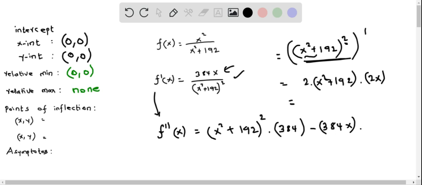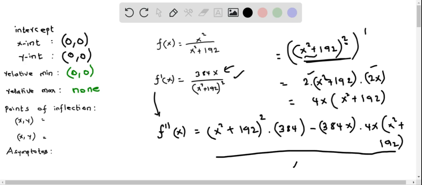And so basically this simplifies to 2 times 2x is 4x times x squared plus 192, which I write down here, that is 4x times x squared plus 192, and this is all over the square of the denominator expression, that is x squared plus 192. We already have a square, so when you square it up, we will get raised to the power of 4.